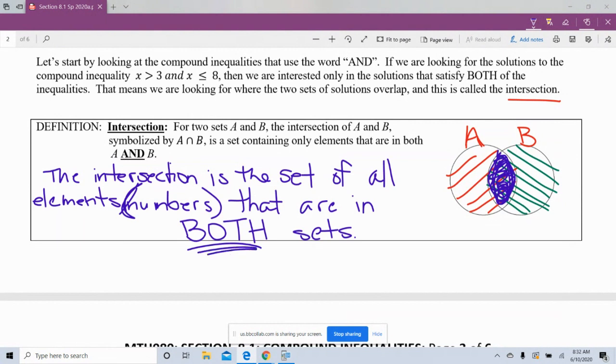Okay, now there is one symbol that I want you guys to take a look at, and it's this symbol right here, right? So this symbol refers to the intersection of two sets. Okay, and again, the solutions of the intersection of two sets will be those solutions that are in both sets.